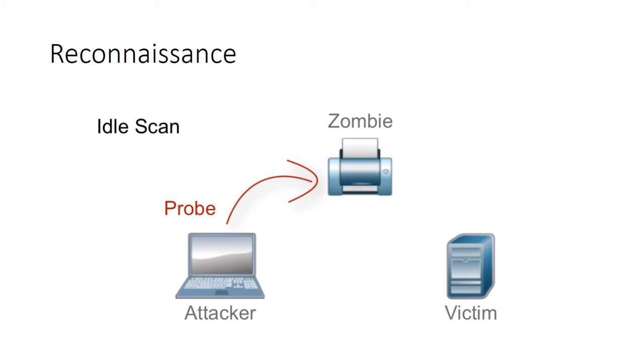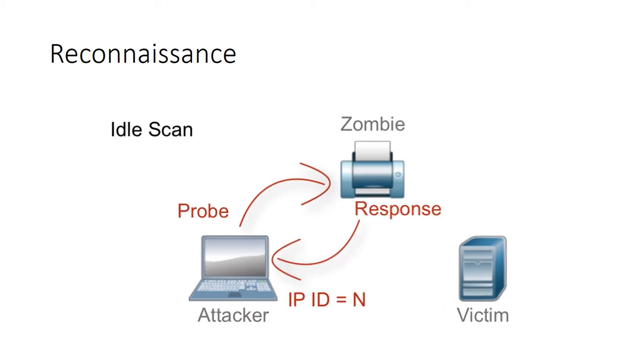The probe can be implemented in different ways. It can be an ICMP echo resulting in an ICMP echo reply, or it might be a TCP ACK packet before the three-way handshake completes, resulting in a TCP reset from the zombie. In any case, the response is returned to the attacker, who extracts the IP ID value from the response.